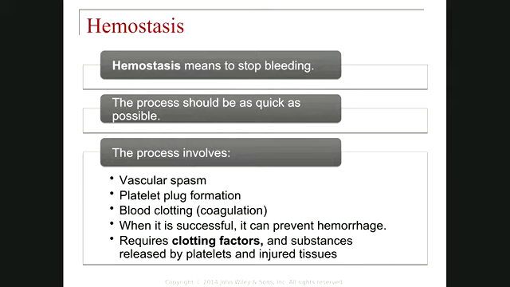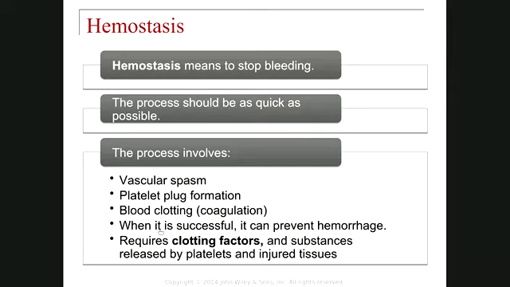We have three different mechanisms for controlling and doing this hemostasis. One of them is called vascular spasm, the other one is platelet plug formation, and the last one is called blood clotting or coagulation. When all of them are successful, they can prevent hemorrhage.